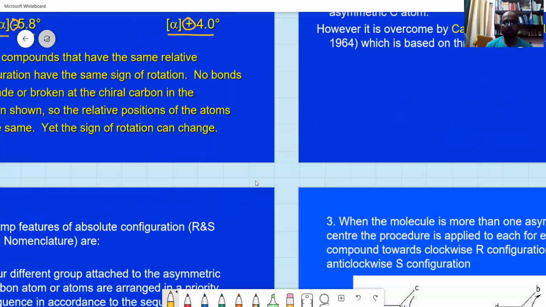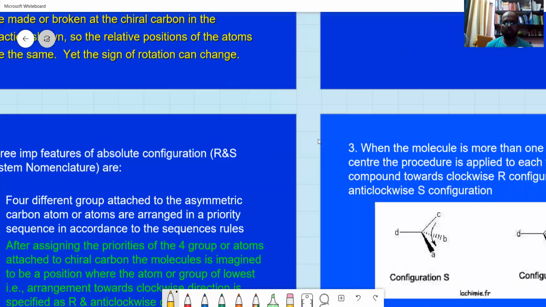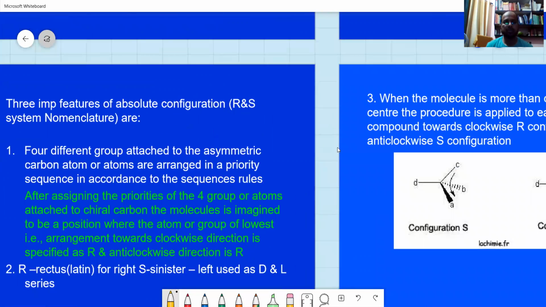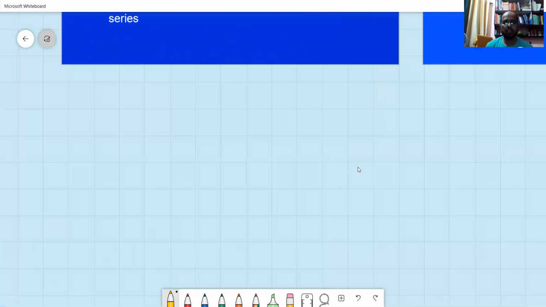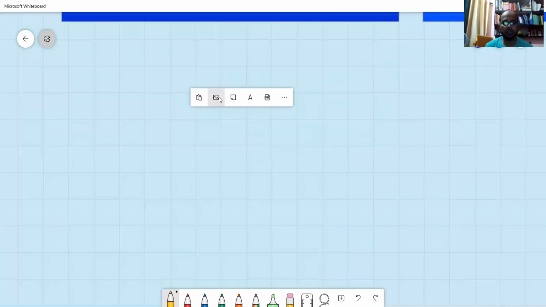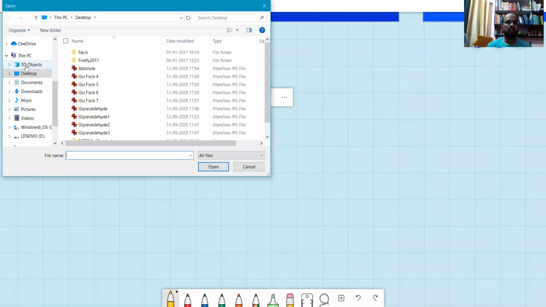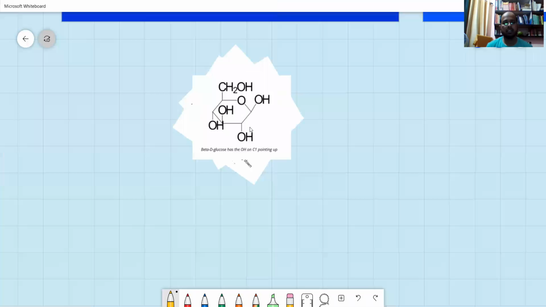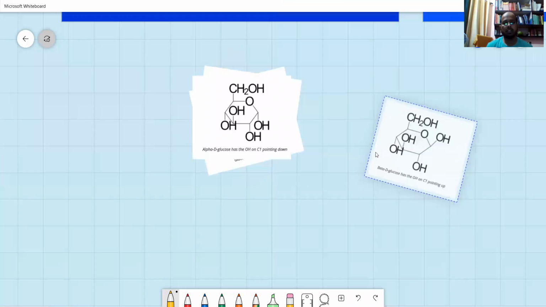I'll tell about absolute configuration later, but let me just show you a few pictures that will give you an idea of the glucose picture for the carbohydrate.